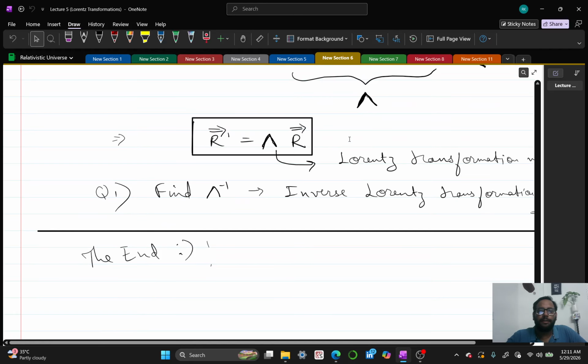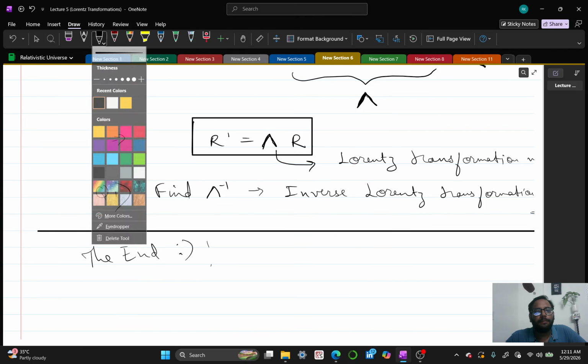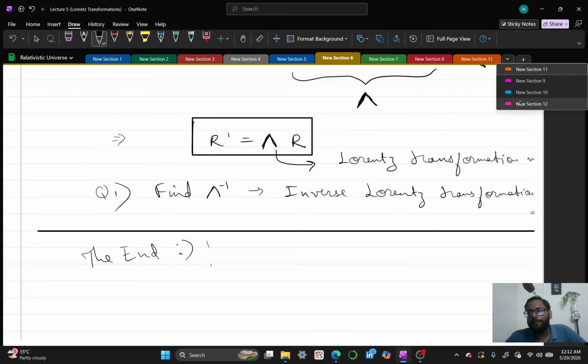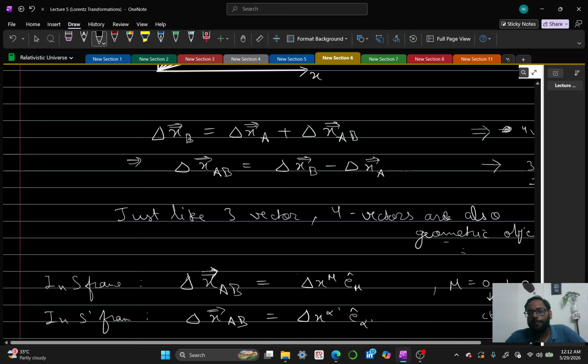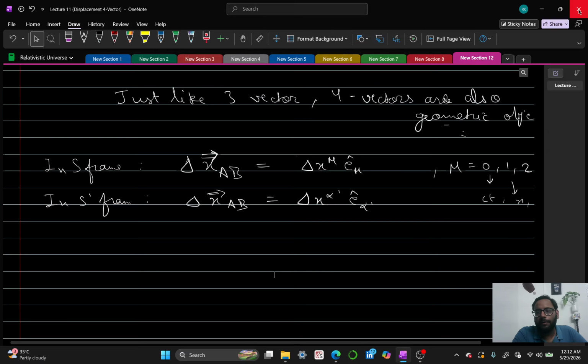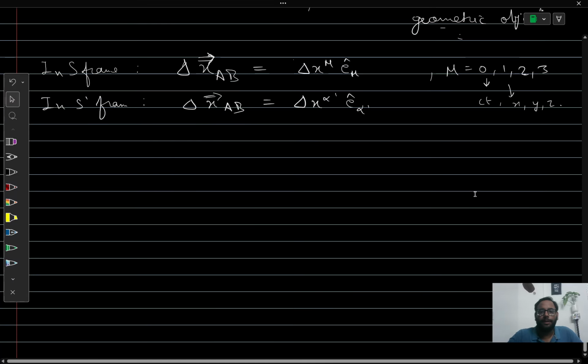You don't write it like this. This is a matrix notation now. Let me explain it.